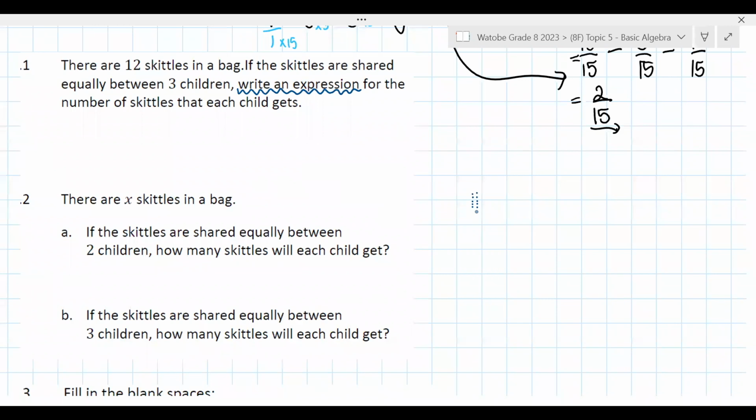We're not using variables just yet. Nice, Mavuyo, nice Obonga. Exactly, guys. If I've got 12 Skittles in a bag and I need to share that between 3 children equally, my expression would be 12 divided by 3. That is the expression I'm writing. That therefore means each child gets 4 Skittles.